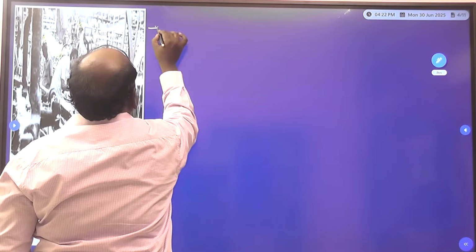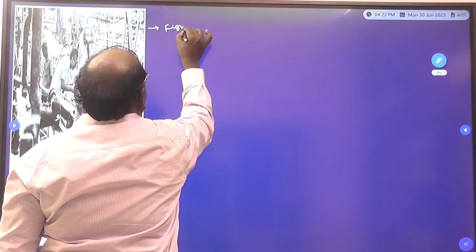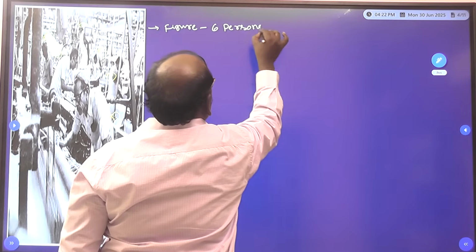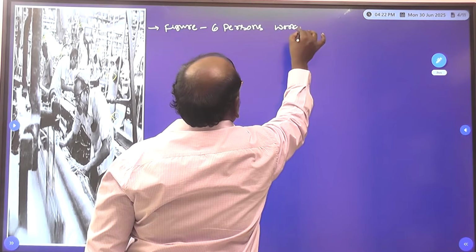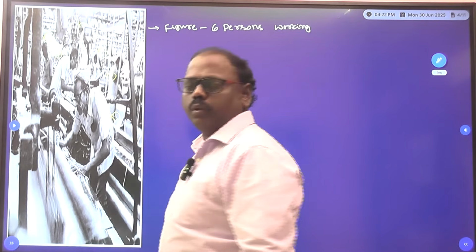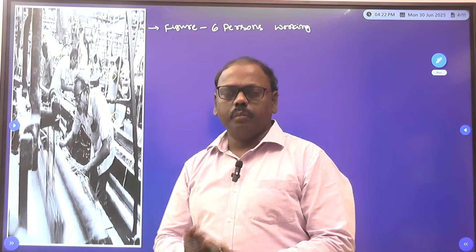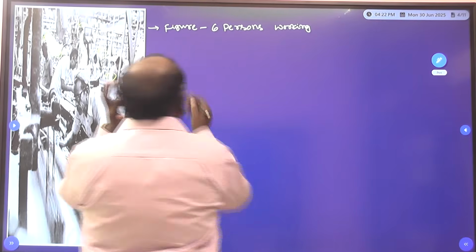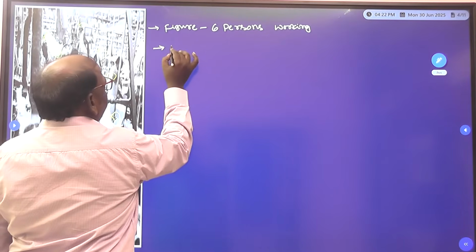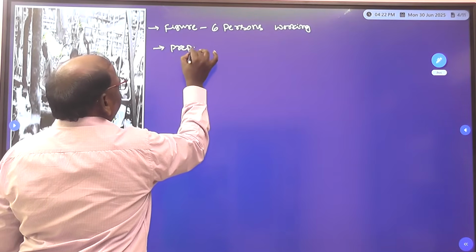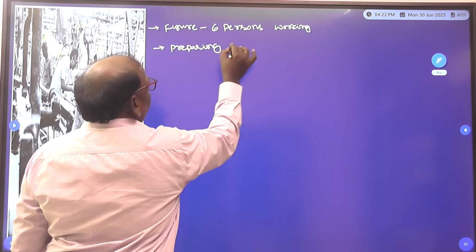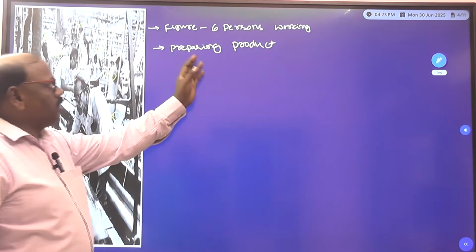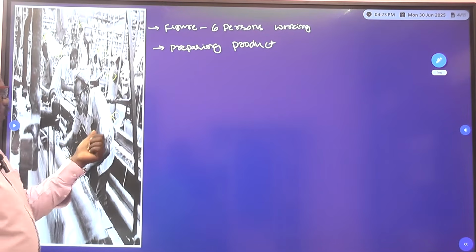By observing this figure, approximately 6 persons are working at the machines level. They are preparing a product. Yes or no? They are preparing some sort of product. All of them are working.